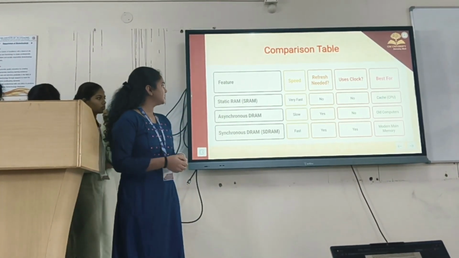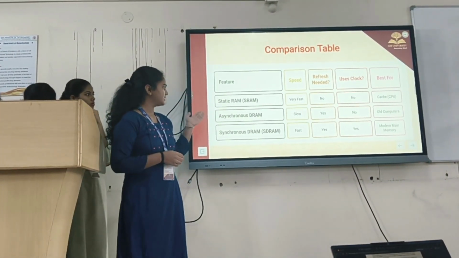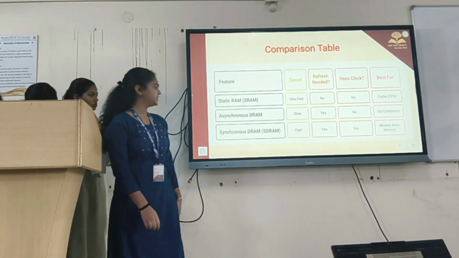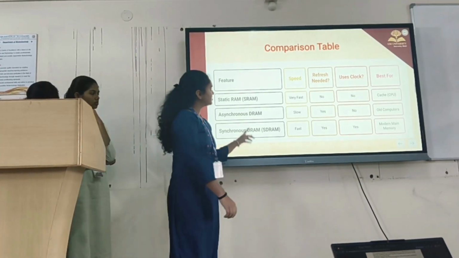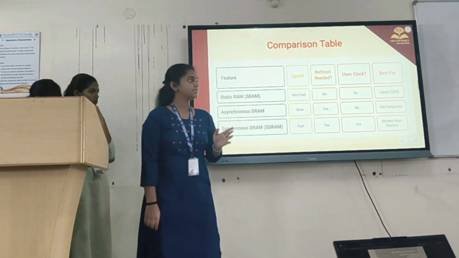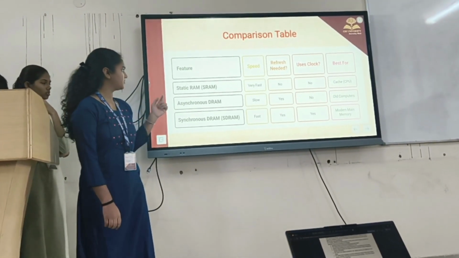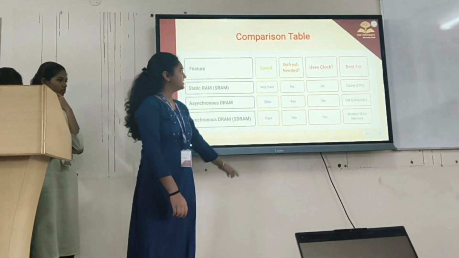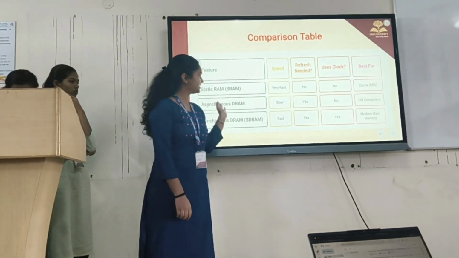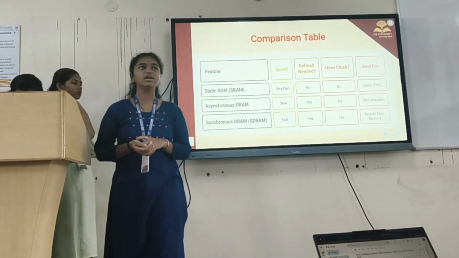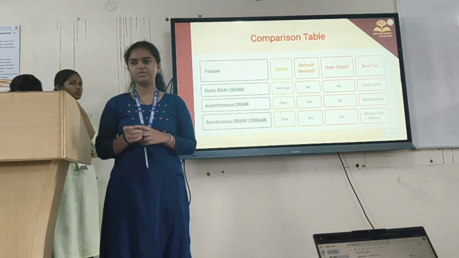The comparison table shows the features of SRAM, asynchronous DRAM and synchronous DRAM. In the case of speed, SRAM is very fast. It will instantly send the data when the processor asks for data from the memory. Refresh is not needed for SRAM because we use flip-flops.